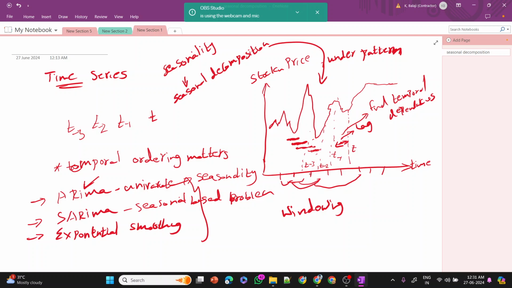To ensure that, we use the integrated part, which considers that the statistical properties of a time series do not change over time. To achieve stationarity, we use first-order differencing and moving average to predict the time series problem.